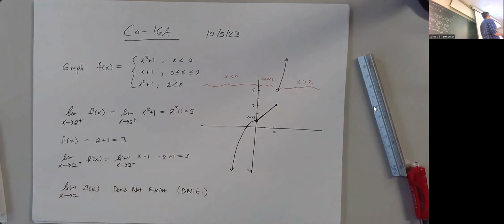But what I really should have said is this graph is actually continuous almost everywhere. In fact, there's only one value of x where this graph is not continuous, and it's when x is equal to 2.